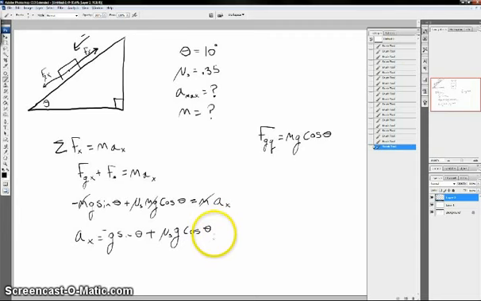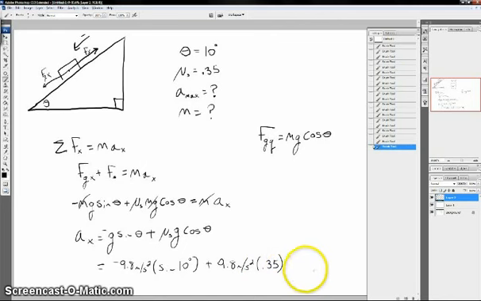If I plug in all of the values here, I'll get negative 9.8 meters per second squared times the sine of the angle, which is 10 degrees, plus 9.8 meters per second squared times 0.35, which is the coefficient of static friction, times the cosine of 10 degrees, and that comes out to 1.68 meters per second squared.